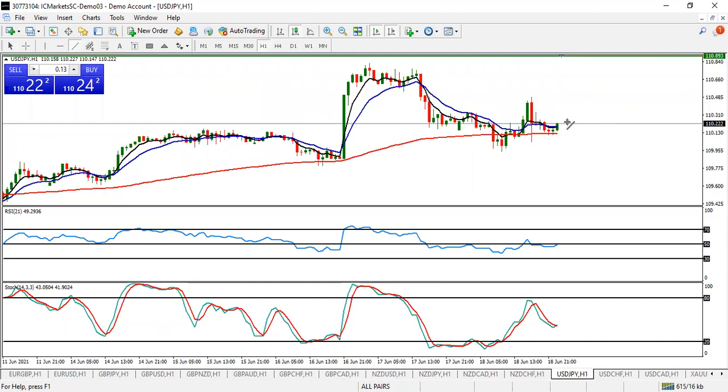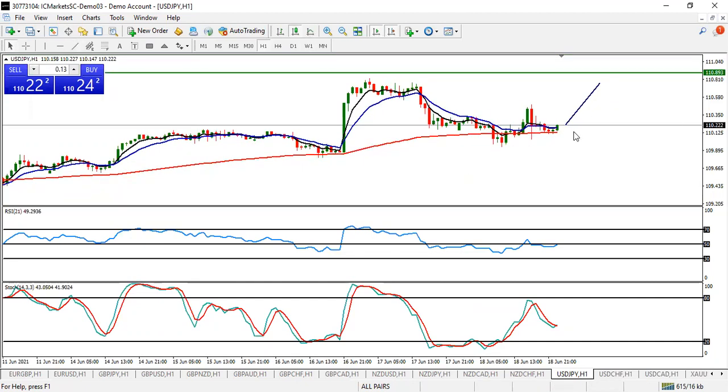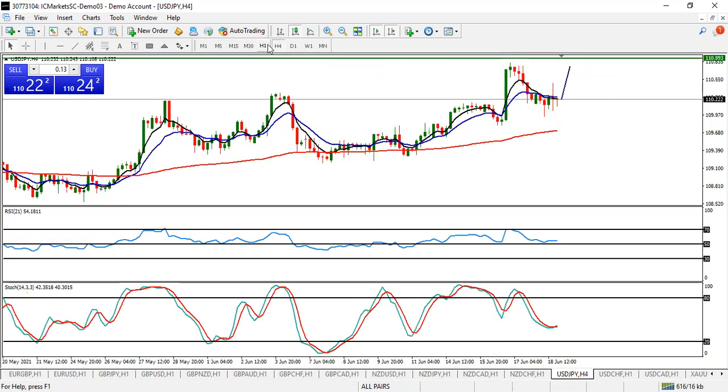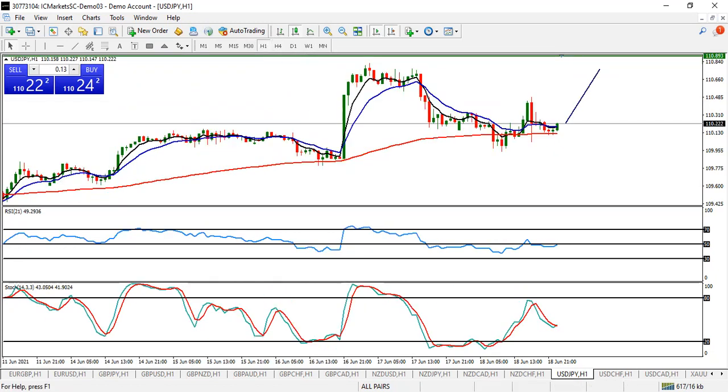But nevertheless, we expect it to pull up. If it pushes up, you want to take your buy trade and expect to push out before this green resistance at 110.89. So USD JPY, look for a buy, but be careful with it a little bit because JPY is also strong, though I believe USD will keep its trend. So USD JPY, look for a buy.